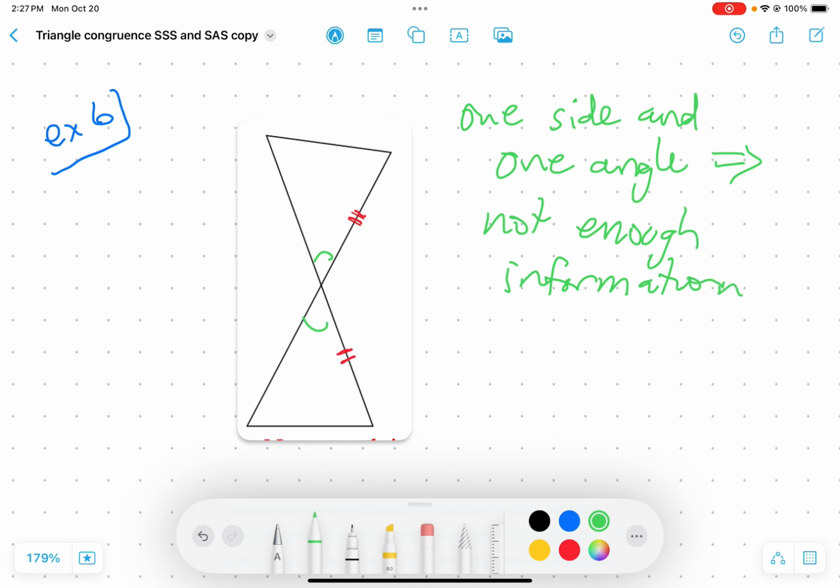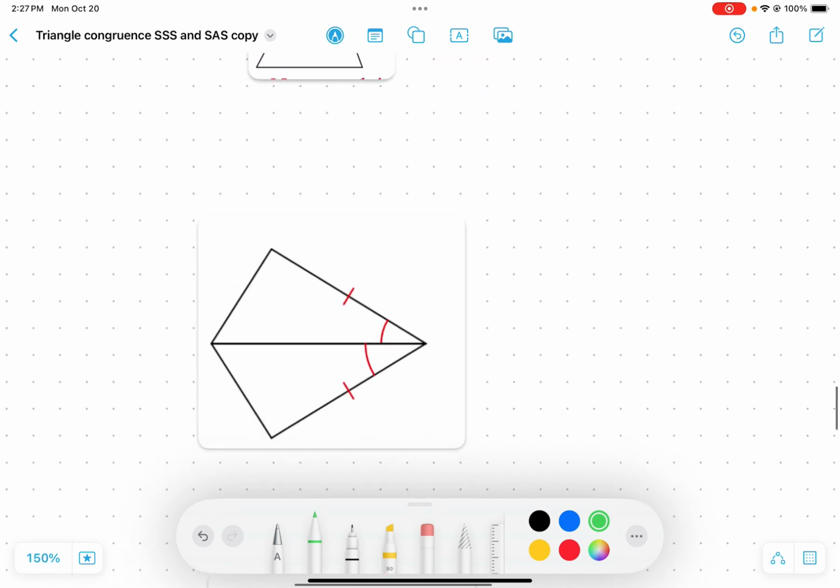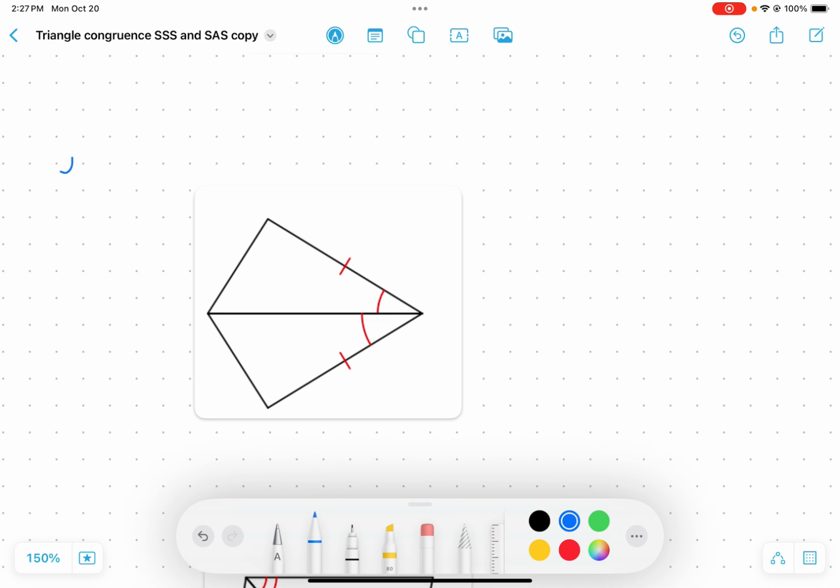All right. Why don't you guys take a second, see if you can figure this one out. What are they telling us, and what can we also see? So here I can see these sides are the same, and then I can also see these angles are the same. And then I can see that they both have this same side.